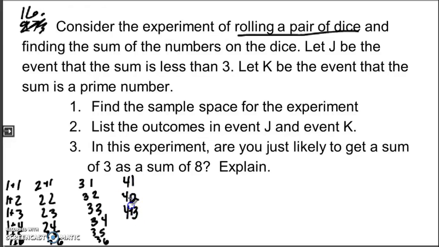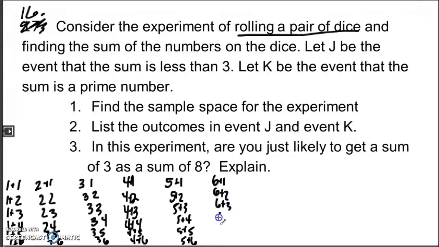These are all adding because we're finding the sum here. 4 and a 4, 4 and a 5, 4 and a 6, and I know I'm writing really small here. 5 and a 1, 5 and a 2, 5 and a 3, 5 and a 4, 5 and a 5, 5 and a 6, 6 and 1, 6 and 2, 6 and 3, 6 and 4, 6 and 5, 6 and 6.